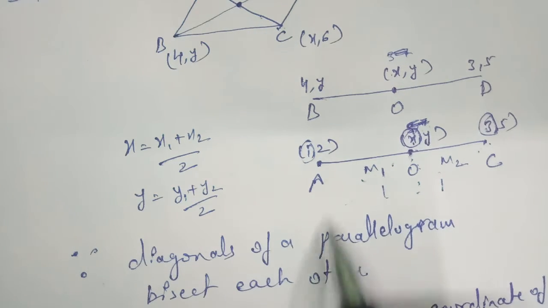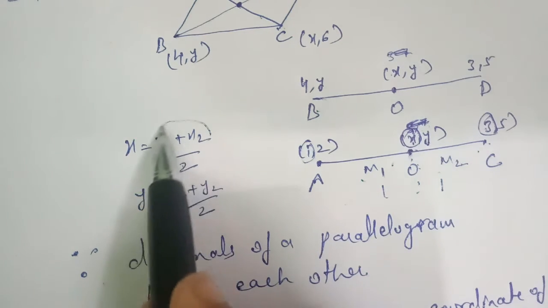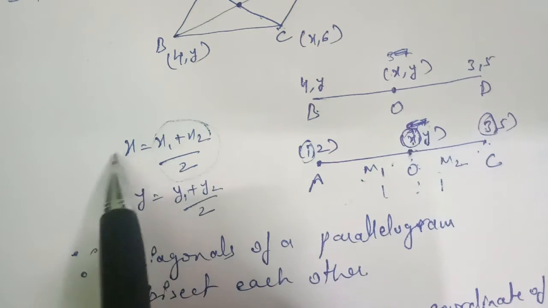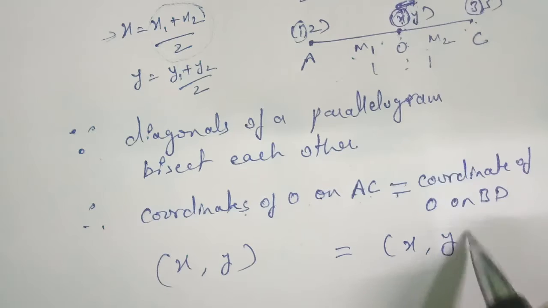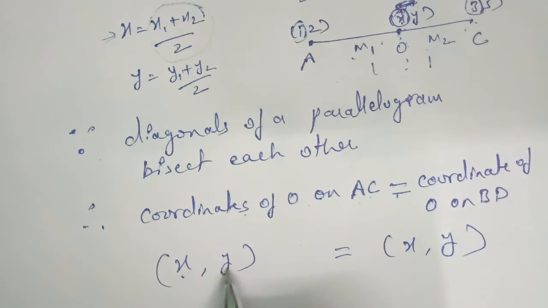The same formula will be applicable for BD. First of all, we write the coordinates of O on AC. We write the values of x and y. Now let us put the values.